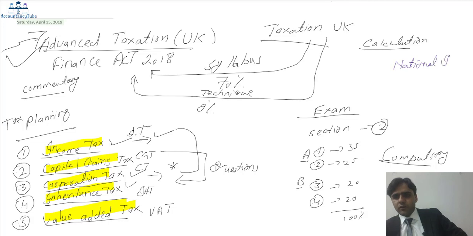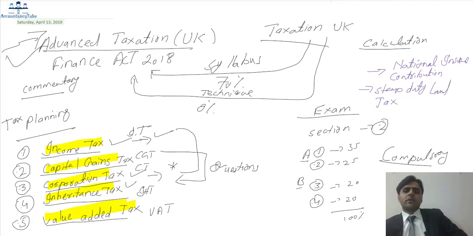National insurance contribution. It might be going out of the frame, but don't worry, I'm reading it out loud. So it is national insurance contribution. It is also part of the syllabus, and also stamp duty tax, sometimes also known as stamp duty land tax.